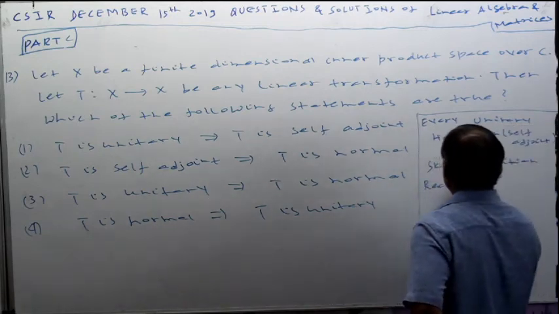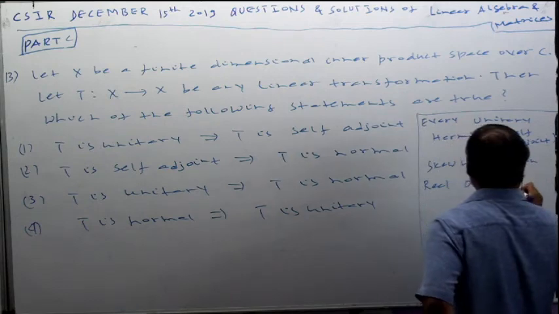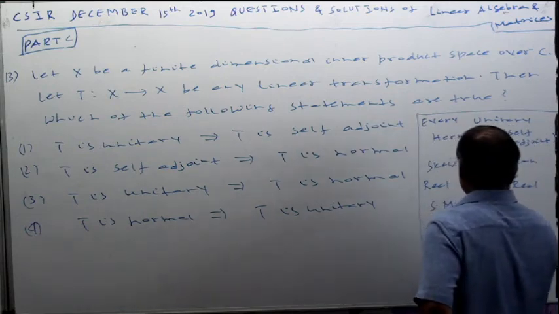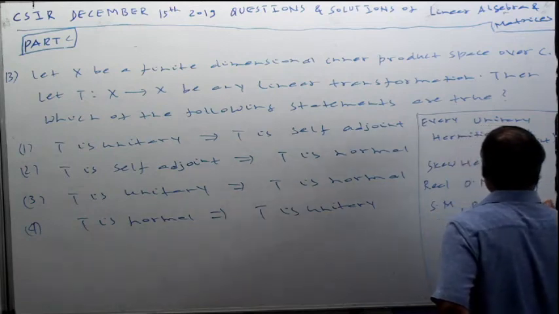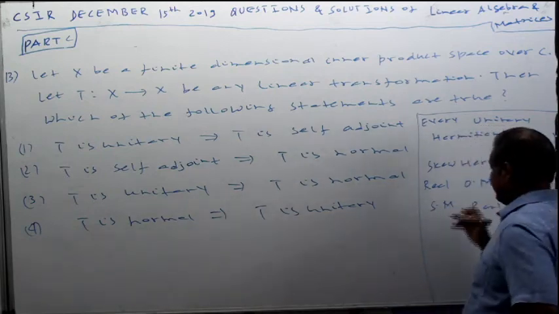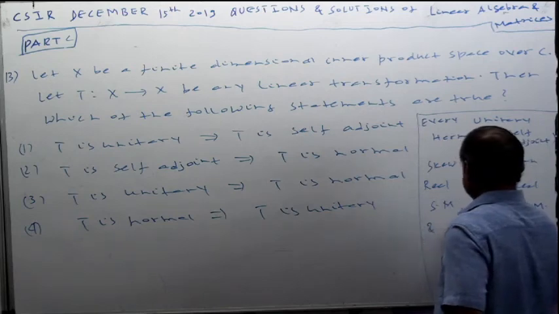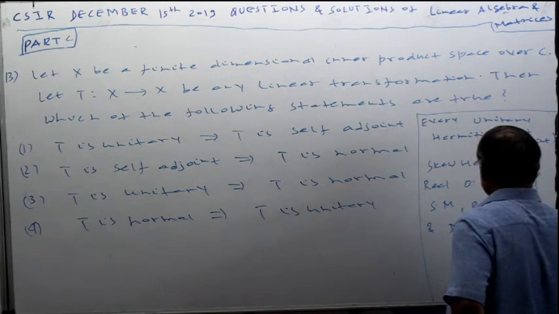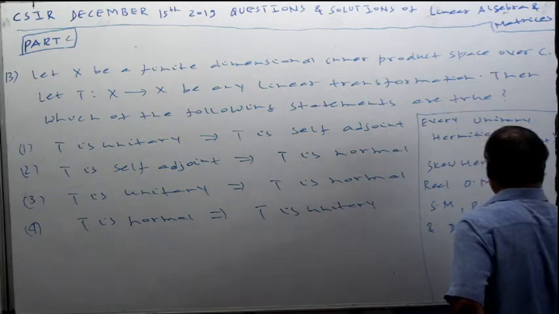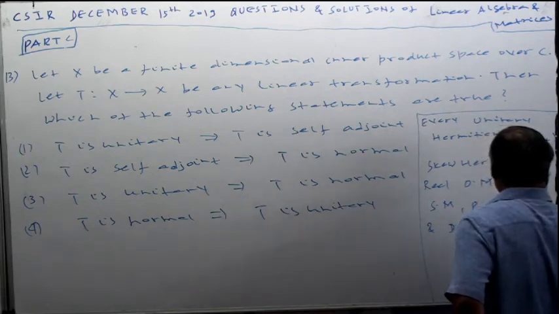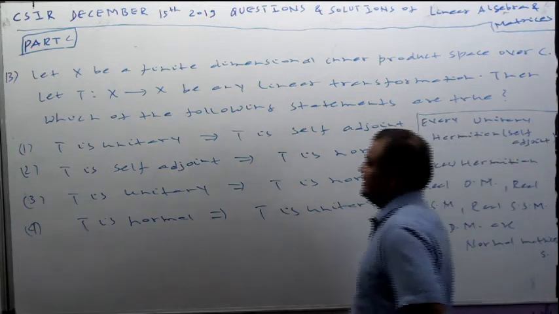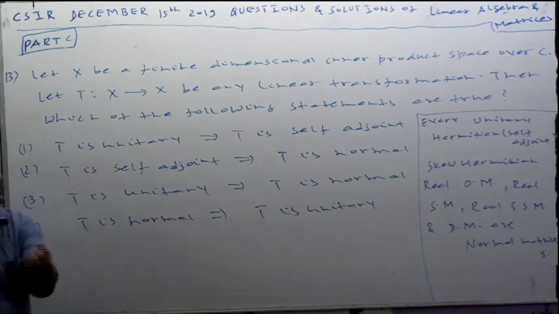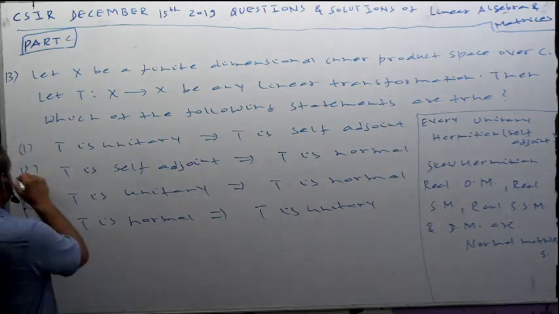Real orthogonal matrix, real symmetric matrix, real skew symmetric matrix, and diagonal matrices are normal matrices. So this much is the variety of normal matrices. I hope you must be enjoying these things. So T is self-adjoint means T is Hermitian, implies T is 100% normal.